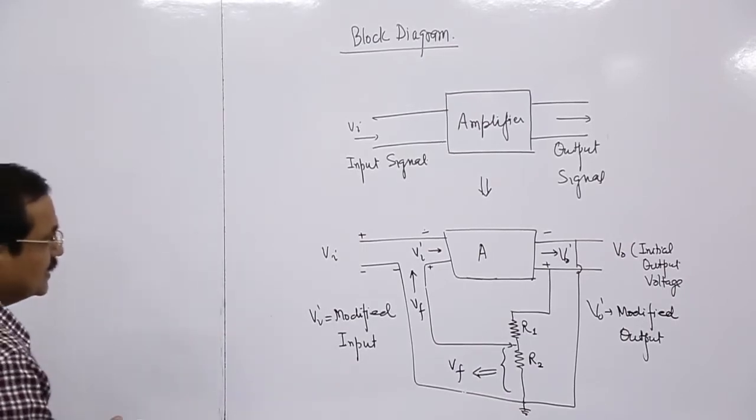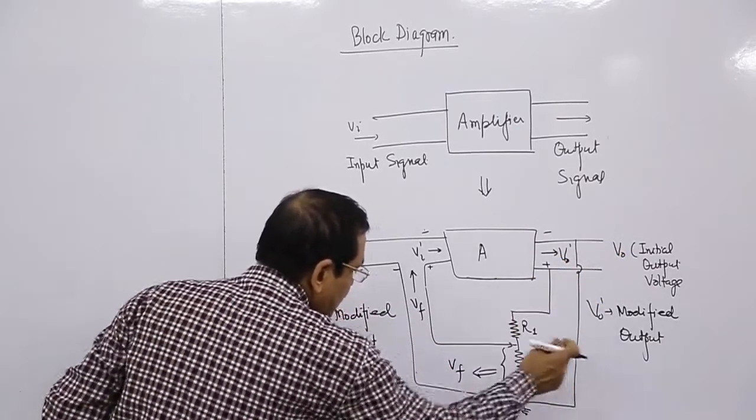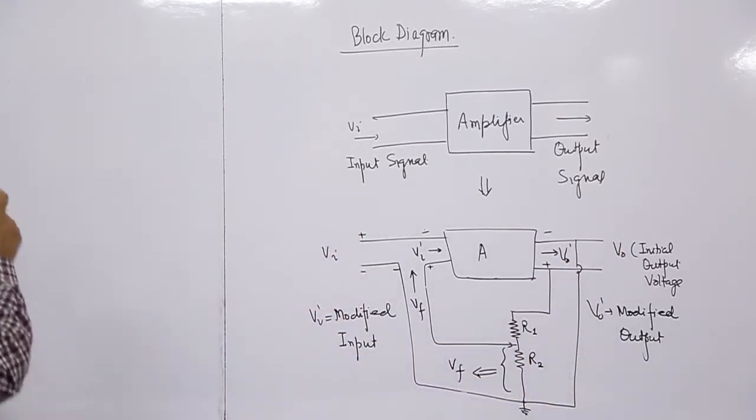Say V potential, this V potential is distributed through the network.